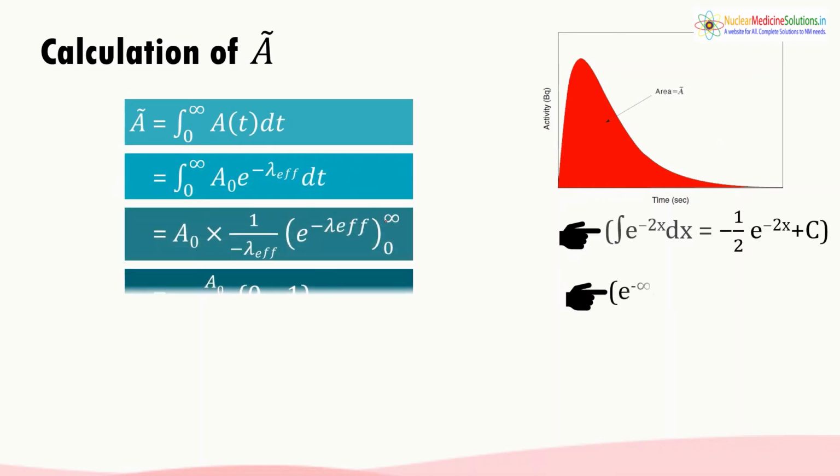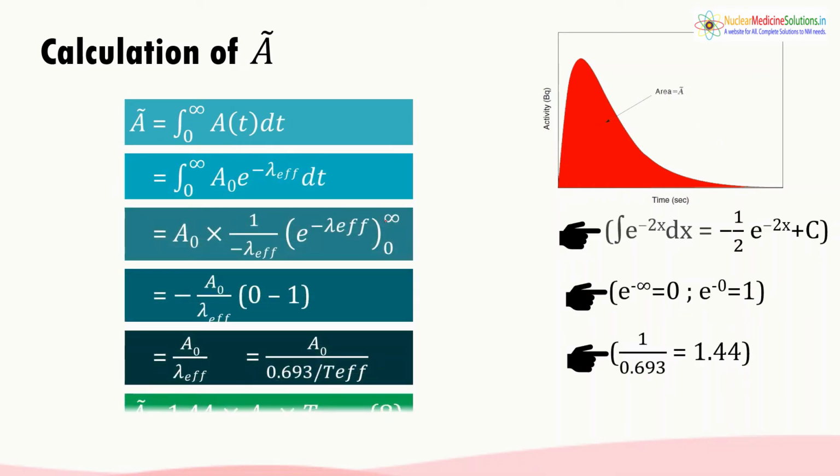So for the calculation of A tilde, we need to calculate the area under the curve, which starts from 0 and goes until infinity. If we calculate the area under this curve, we will be able to find the value of A tilde. We know A tilde is equal to the integration from 0 to infinity of A(t) dt.